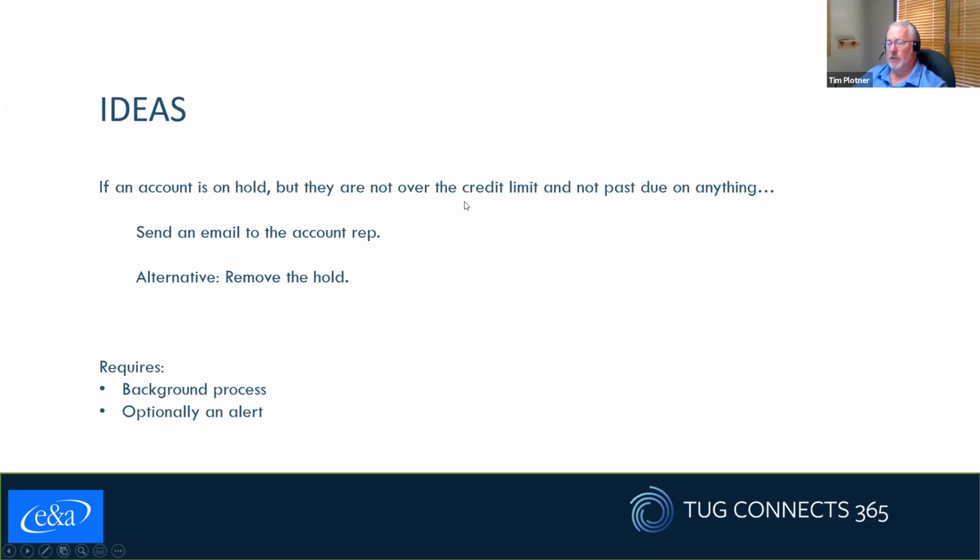And as soon as I apply a payment from a customer that brings them under their credit limit, I could generate an alert to anyone who cares. Versus a background processor that's going to push an email and potentially remove that account from hold. Again, you could do any combination of these things, or you could expand it in other ways. Does that resonate with anybody?